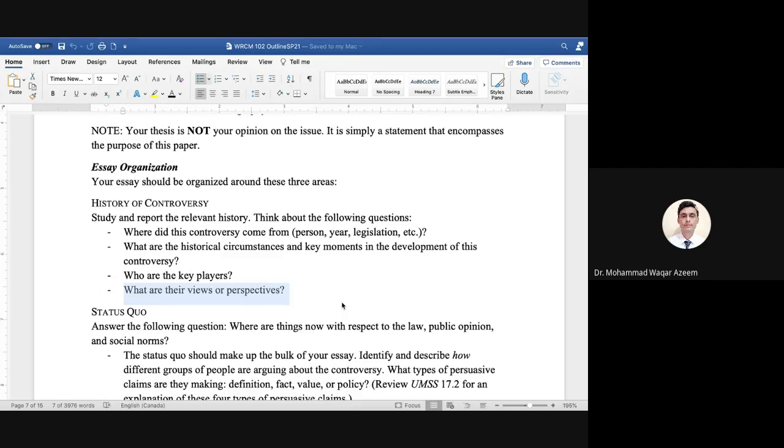And if you describe their viewpoints, then the reader can easily understand why the controversy is rising. The reader might notice that these key players have contradictory views about this issue, and that has raised the friction and hence the controversy. All right. So this is about the history of the controversy. Any questions about that?